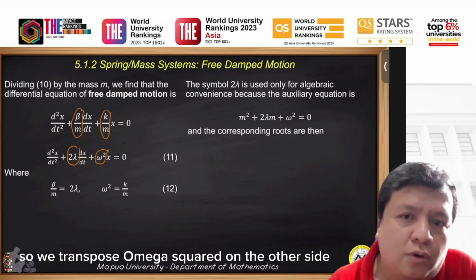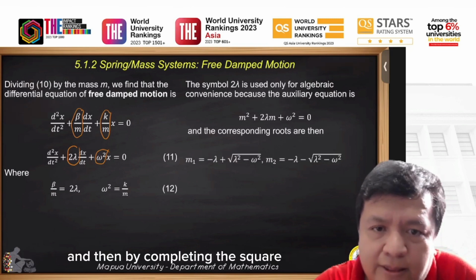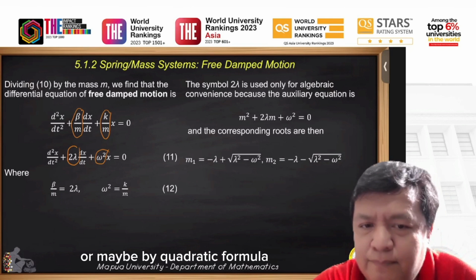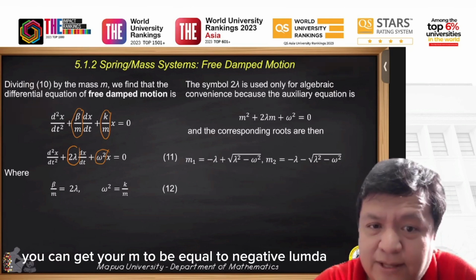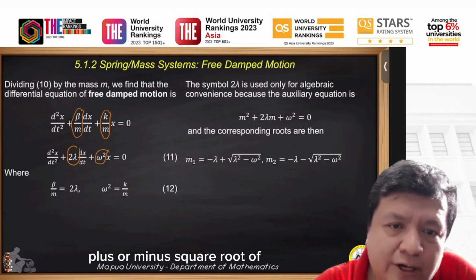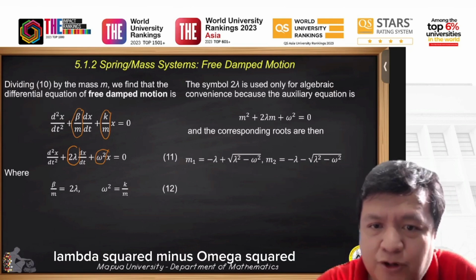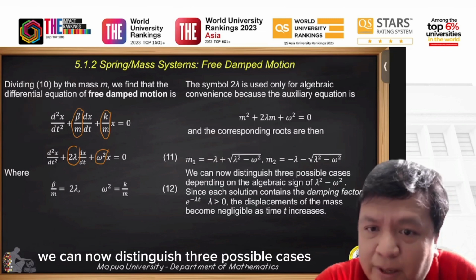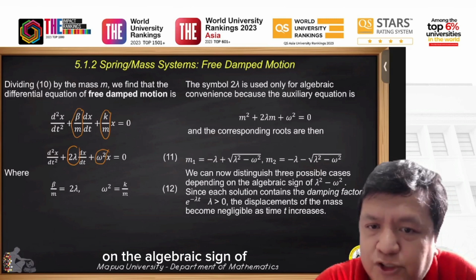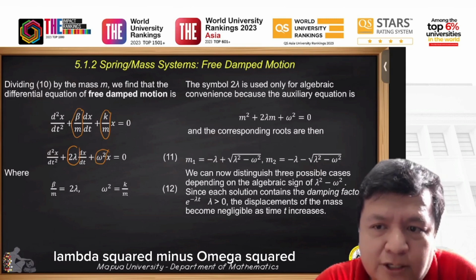So we transpose omega squared to the other side, and then by completing the square, or maybe by quadratic formula, you can get m equal to negative lambda plus or minus the square root of lambda squared minus omega squared. We can now distinguish 3 possible cases on the algebraic sign of lambda squared minus omega squared.